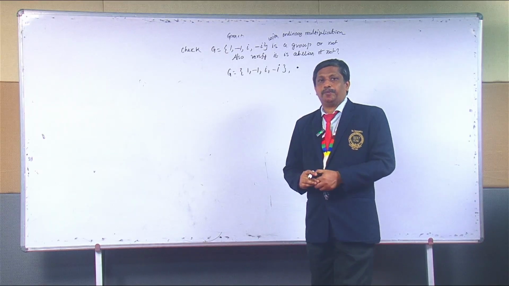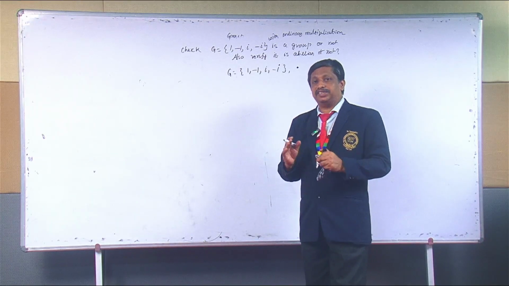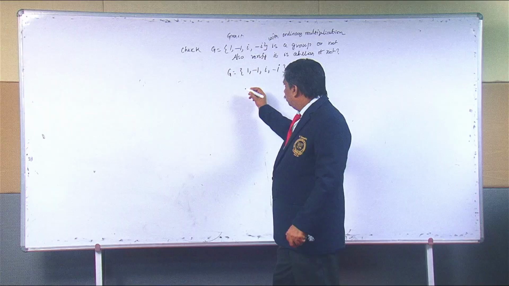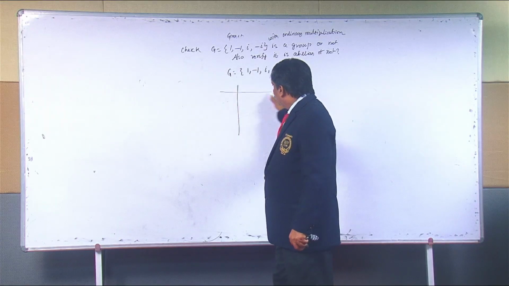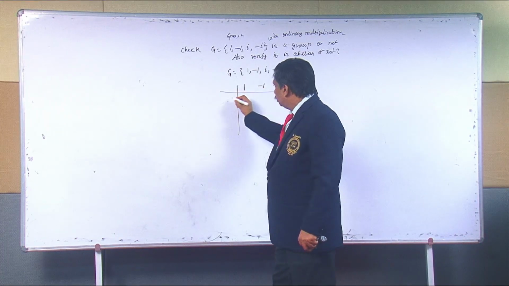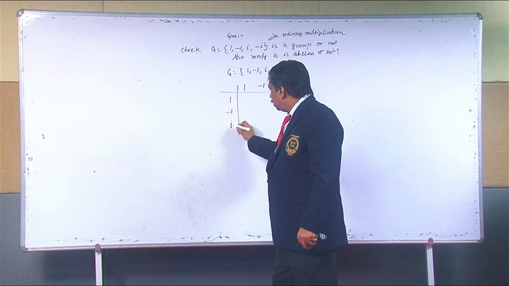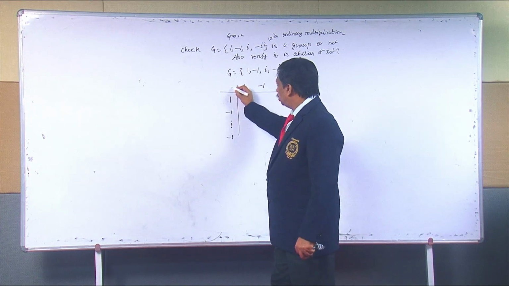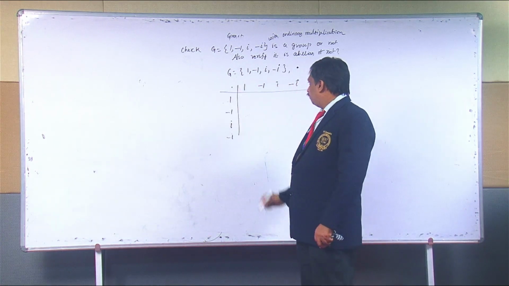For solving this type of problem, we want to use the Cayley's table. What is the Cayley's table? First we fix the elements 1, minus 1, i, minus i along the rows and columns. The multiplication is dot. So I fill in that data.